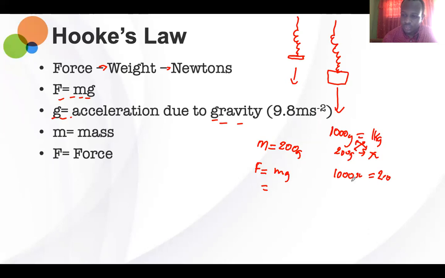So how do we get x now? Divide both sides by 1,000. And now what is our final answer? 5 kilograms?